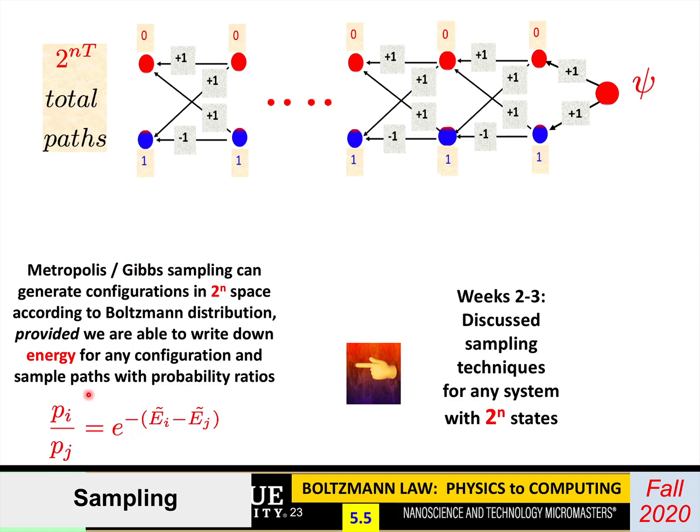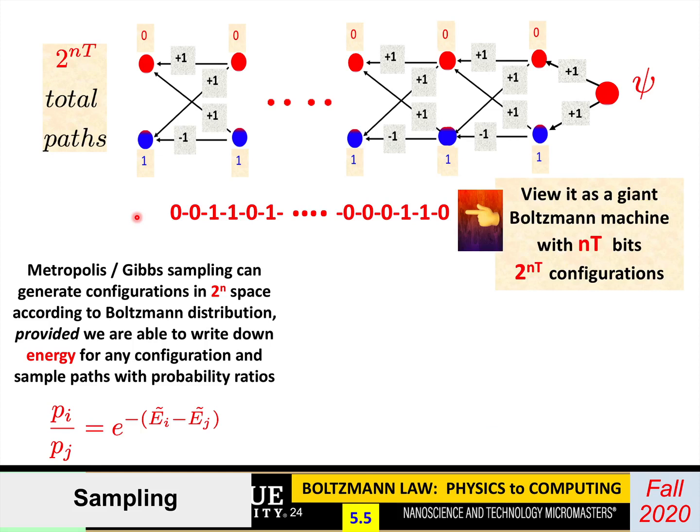So you choose the next one according to the probability ratio of where you are and the new one that you're considering. And this ratio is obtained from the energies. And as long as you can write down the energy for a configuration easily, without doing 2 to the power n calculations, you can keep generating samples efficiently. And as you generate samples, you create a histogram, and that's how you finally get a good approximation to the final probability distribution.